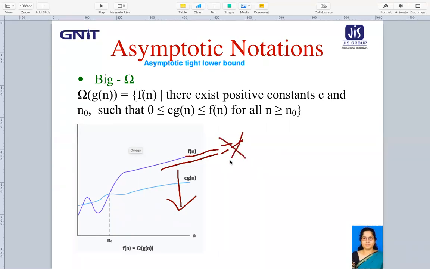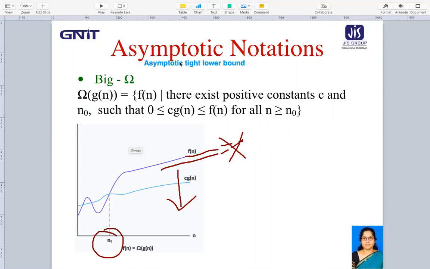They can never meet, but they will be going parallel, very close to each other. If we see this kind of asymptotic notation, here Fn and Cgn will never meet after the point n0. They can be very close to each other, but they will never meet. So that's why they are known as asymptotes.